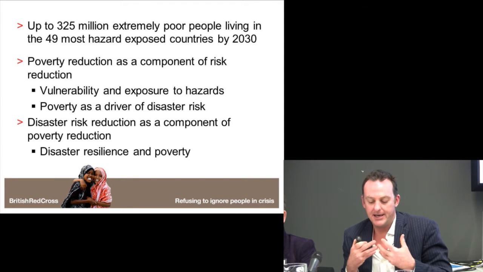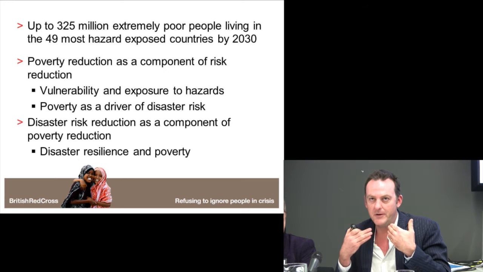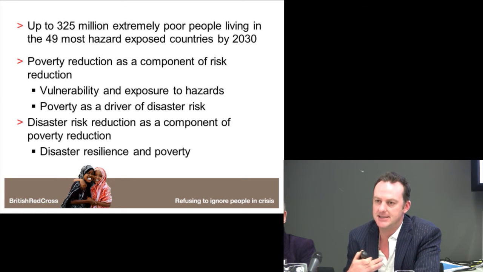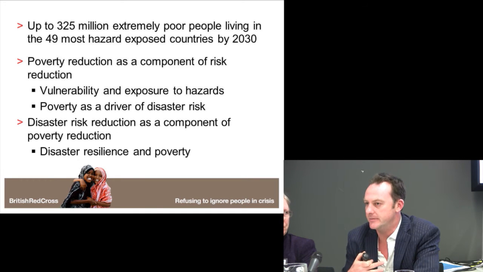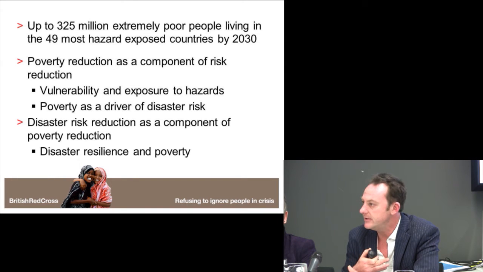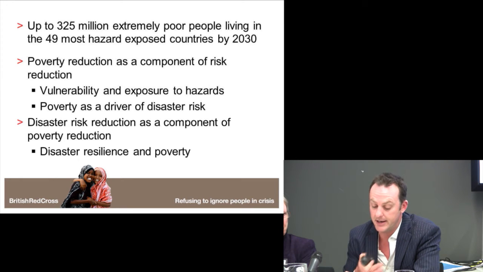When we generalize about the poor, we come up with less than satisfactory answers in terms of disaster risk reduction. There are important distinctions to be made between urban poor and rural poor. There are gendered differences when it comes to poverty, and also very different impacts of disasters themselves: technological disasters, natural disasters, conflict, and other sorts of hazards.